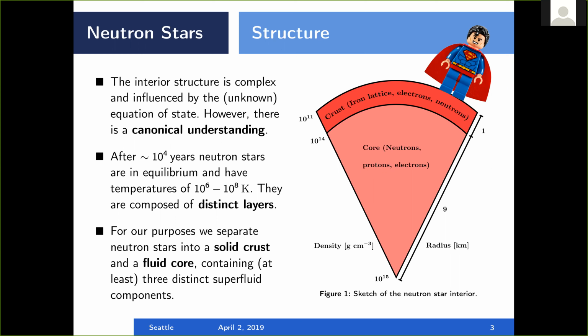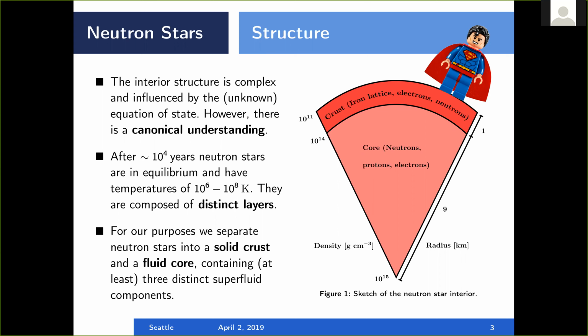For the picture that I usually have in mind, I separate the star into a crust that's composed of an ion lattice, electrons, and neutrons. And I have a core that spans the majority of the whole radius. So the radius is something like 9 kilometers versus a 1 kilometer thick crust.